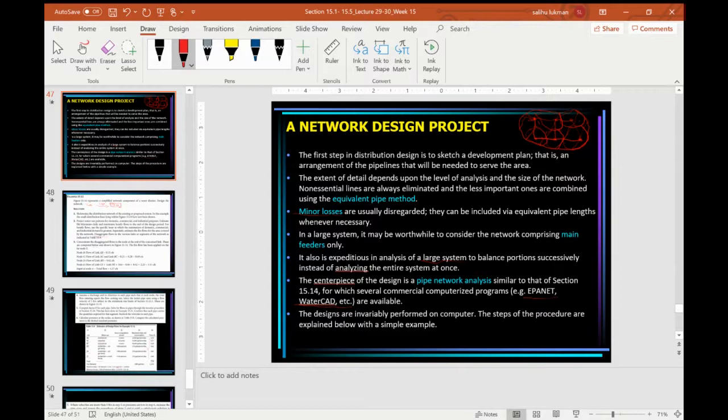We did the analysis, but to do the actual design of a water distribution network from the beginning till the end, that should be carried out in an advanced course, a senior elective having to do with the conveyance network and distribution system. In that case, you will be taught how to use EPANET, how to analyze using the computer program, and how to carry out a design of a water distribution network from the beginning till the end.